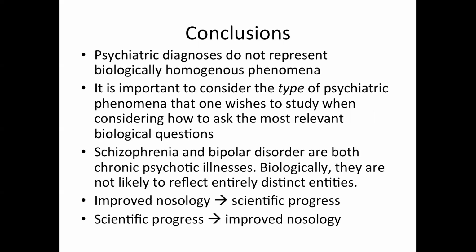Improved nosology, improved ability to identify homogeneous populations, will certainly spur scientific progress. At the same time, in order to create improved nosologies, we need to learn more about the underlying biology. So this is sort of a chicken-and-egg problem that we should all be aware of.